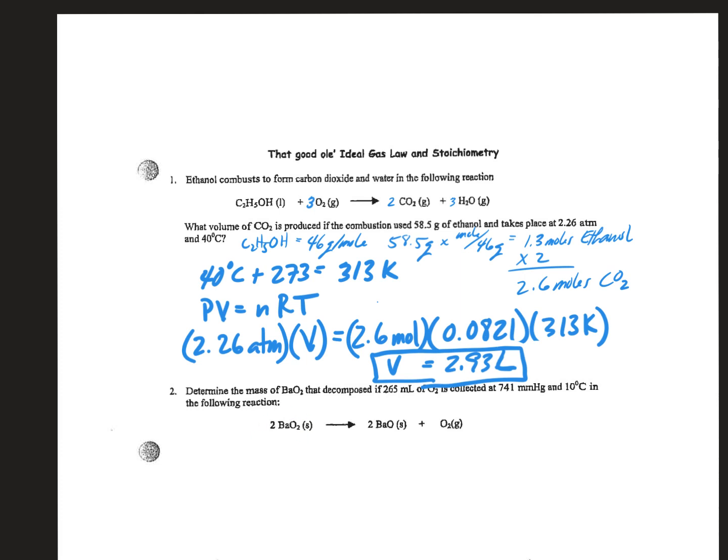Barium peroxide is going to break down spontaneously to form barium oxide and oxygen. So we're going to find out what is the mass of barium peroxide that we need to make the amount of oxygen that we're being told about here. So let's work this out. I'm going to do a couple of conversions, and I'll be right back.